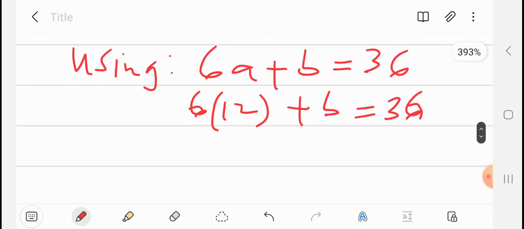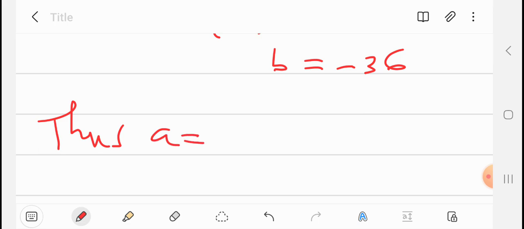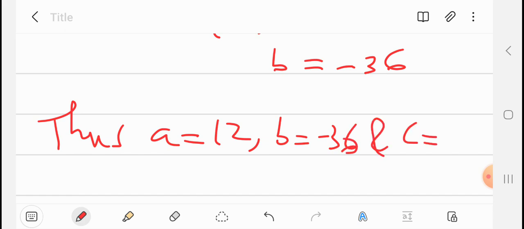Upon further simplification, we're able to achieve that b is actually equal to minus 36. All right, and we've got that. So with that in mind, we're able to infer that a is equal to 12, b is minus 36, and c is 0.